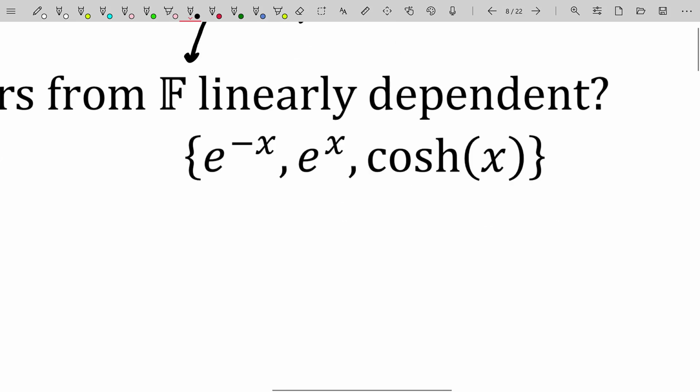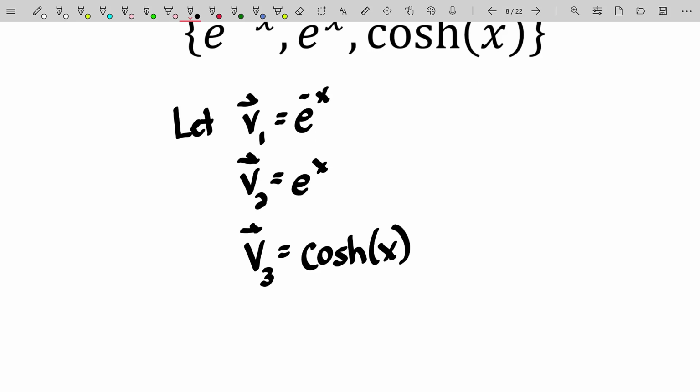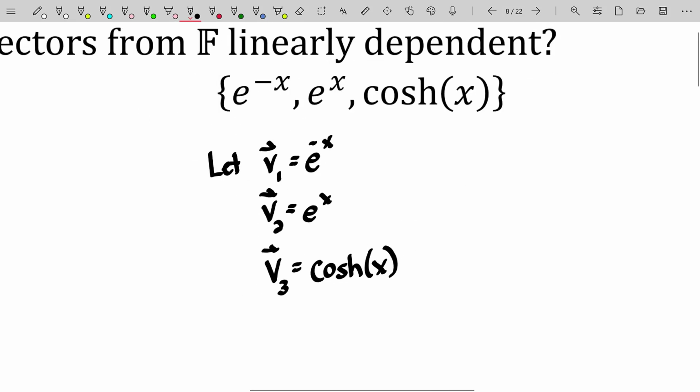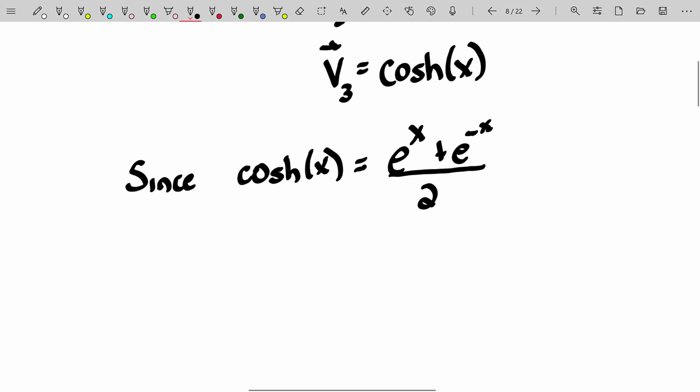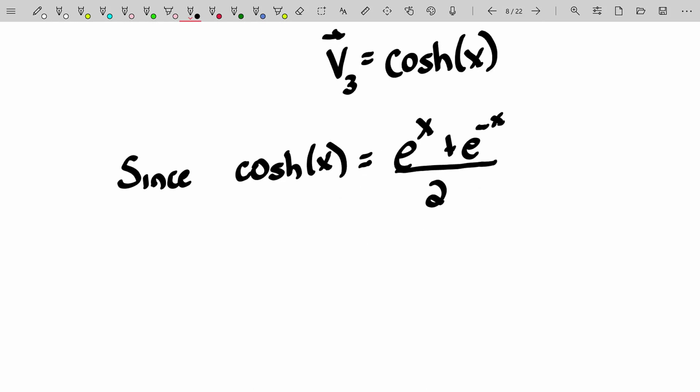Well, remember, it would be linearly dependent by the last theorem if I could write one of those vectors as a linear combination of the other two. We'll start by letting the vectors v1, v2, v3 be defined as follows. So there are three vectors there. And we happen to know that the cosh, or the hyperbolic cosine, is e to the x plus e to the negative x over 2.